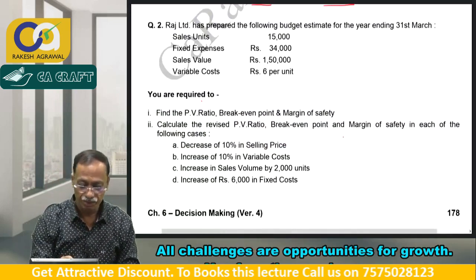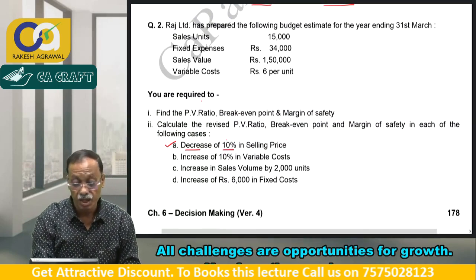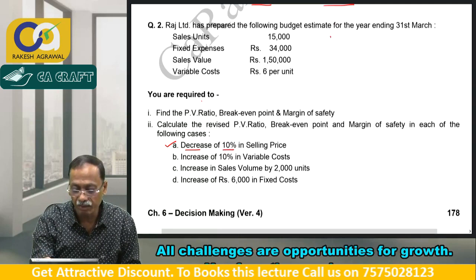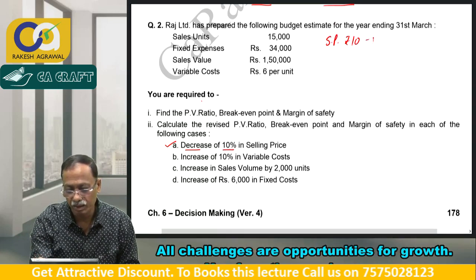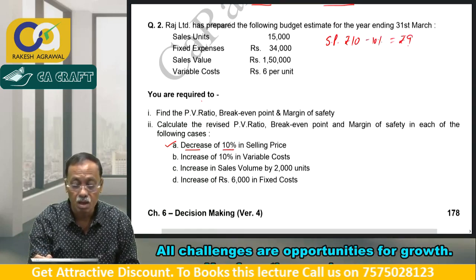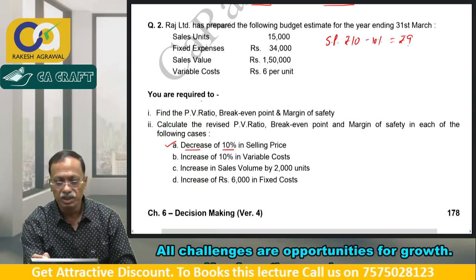Situation 1 is a decrease of 10% in selling price. If you remember, the sales price was calculated by us as rupees 10. If you decrease it by 10%, it will become rupees 9, correct? Now only sales price per unit will decrease because it is mentioned in the question.